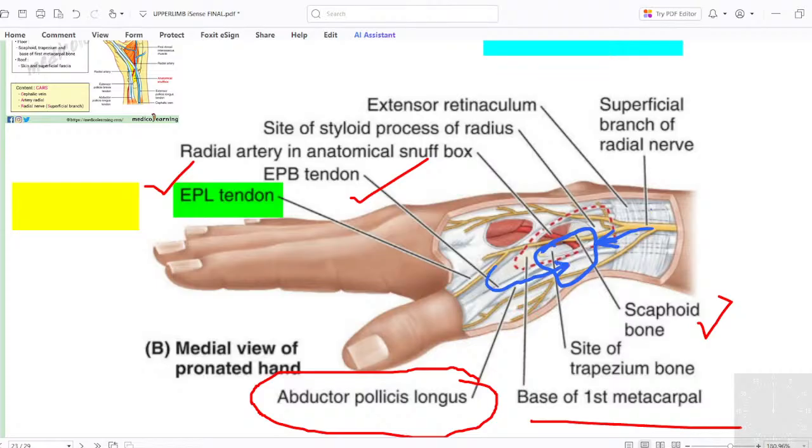So if there is any transverse fracture here, the blood supply comes only from the distal part. The distal part has the blood supply, but the proximal part was supposed to get supply from here. As it is fractured, there will be no blood supply, so this part will undergo avascular necrosis.